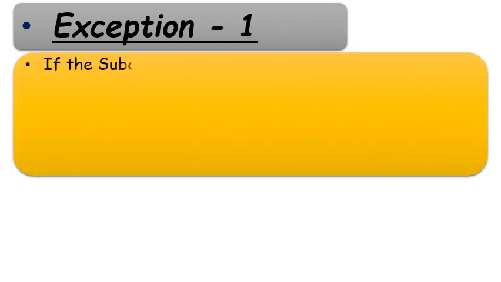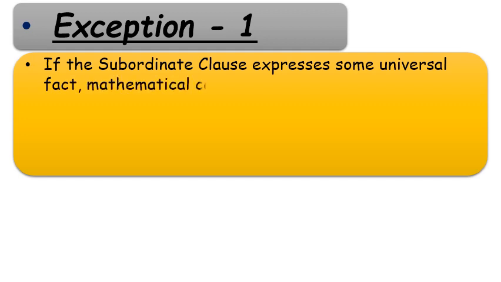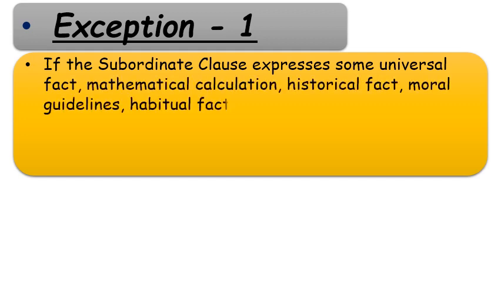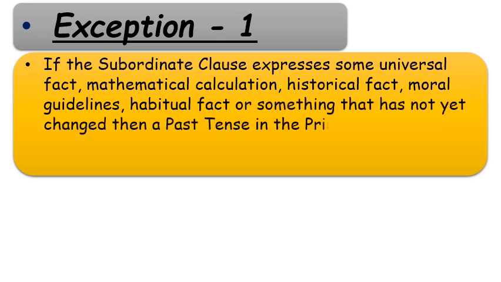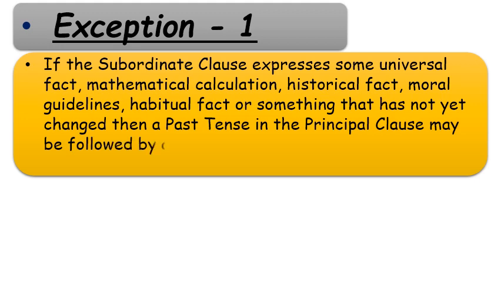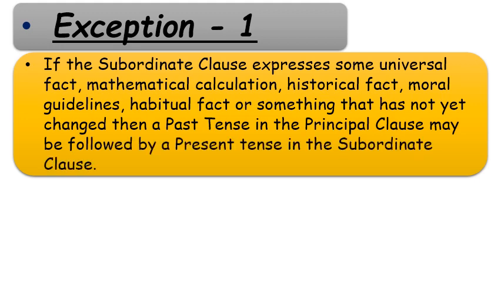Exception number 1. If the subordinate clause expresses some universal fact, mathematical calculation, historical fact, moral guidelines, habitual fact or something that has not yet changed, then a past tense in the principal clause may be followed by a present tense in the subordinate clause.